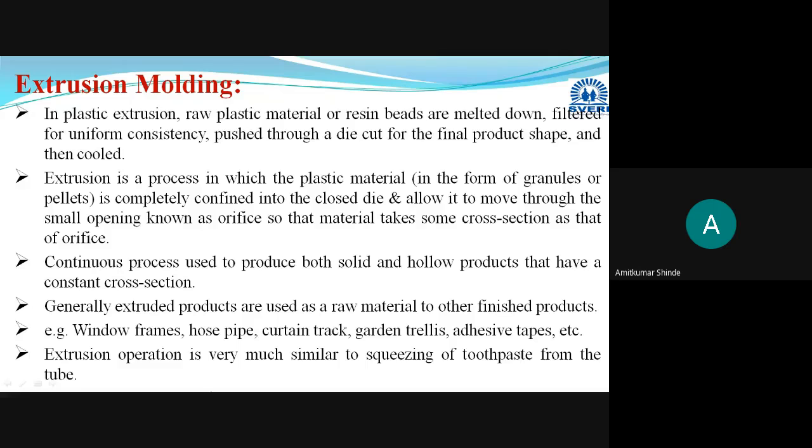And at the end, whichever product we are getting at the end of this extrusion process, sometimes it will be considered as an end product, or it may be considered as a raw material for obtaining another product. Whichever product you get at the end of the extrusion molding process may be your final product, or sometimes you can carry out another set of operations to get the desired product.